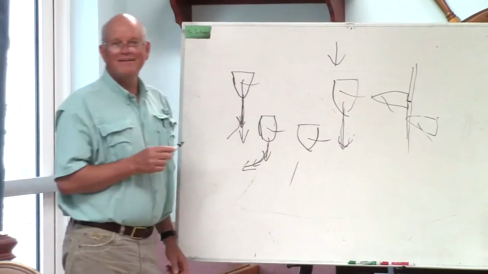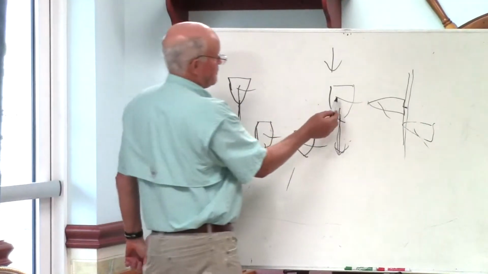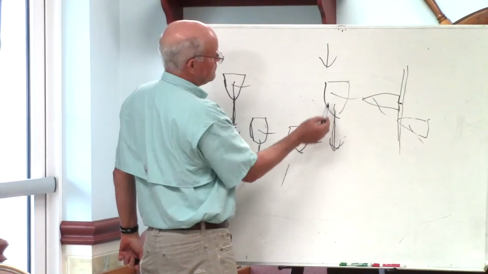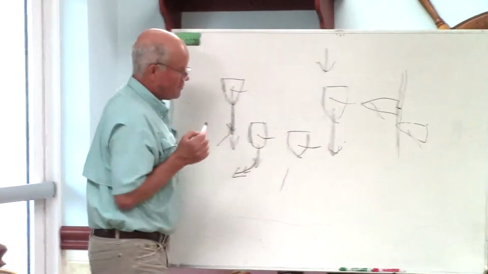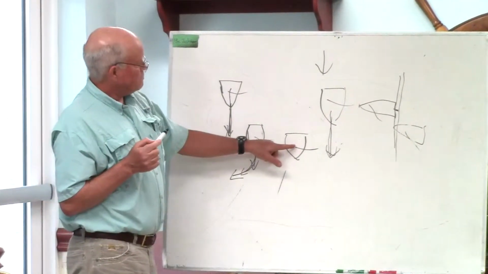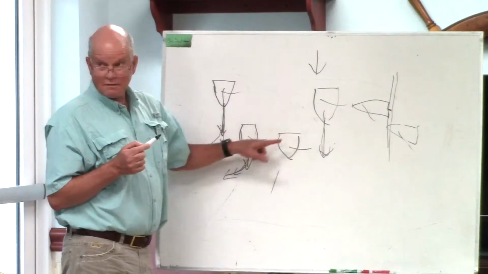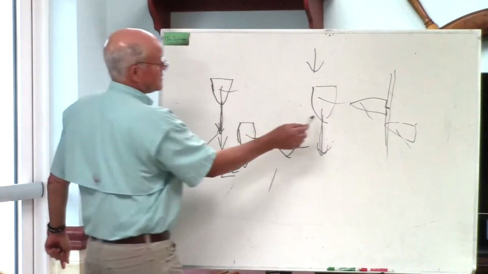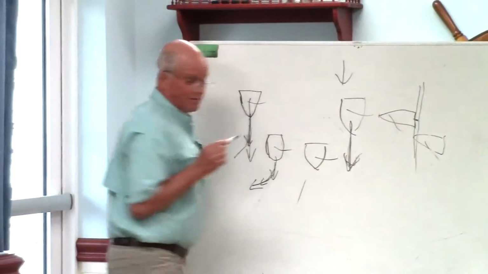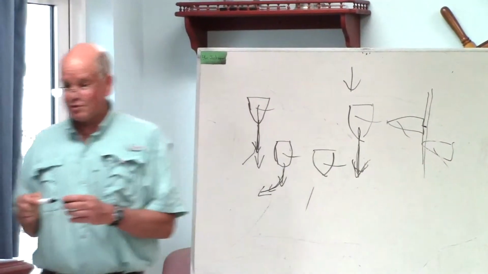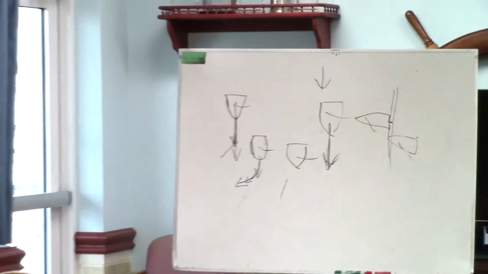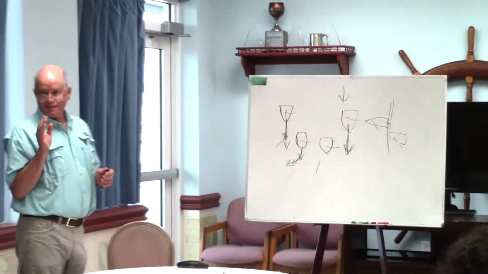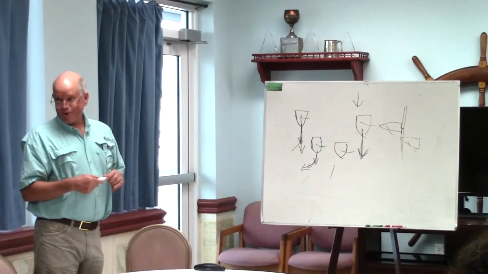That becomes the leeward boat, and this is the windward boat. This boat has to keep clear, but this boat cannot sail above its proper course. Now, proper course is the fastest course a boat can take to get to the next mark.